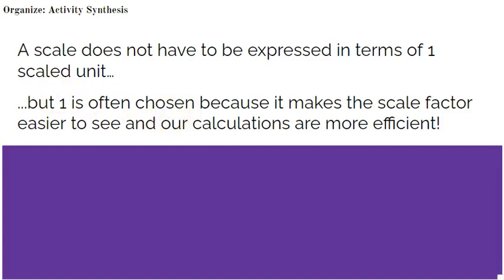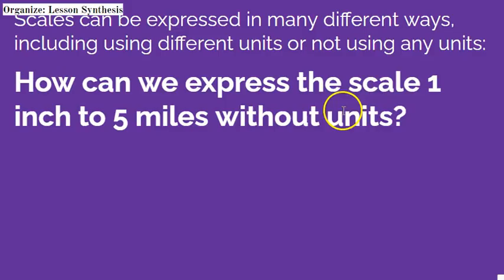I know most of the time we use digital maps anymore to go places, but even on those, you'll see that the scale on those is typically going to be 1 inch or 1 centimeter equals however many miles in real life. So it's not always necessary, but it does typically happen that way. So how can we express 1 inch, a scale of 1 inch to 5 miles without units?